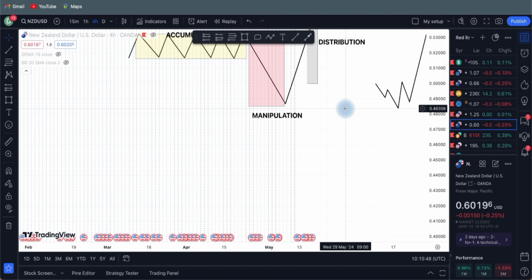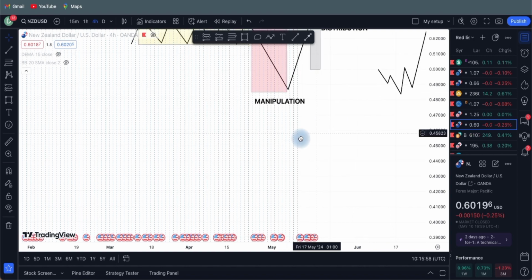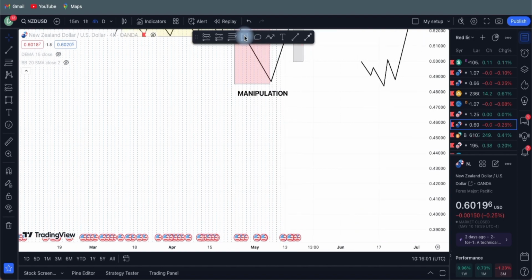What is a PD array? A PD array is an arrangement in ICT that involves premium and discounts. There is a tool we use to identify the PD array.